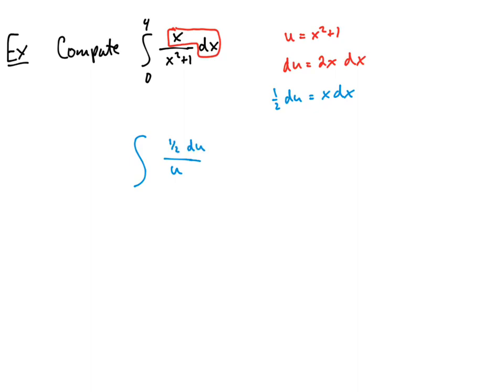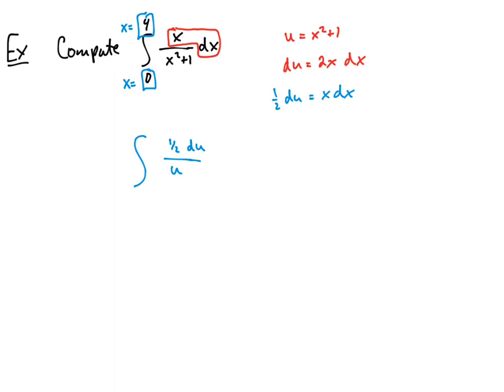Okay. Now what we need to do is change out these limits of integration. How we do that is we could treat each of these like x values. Our limits of integration, we're evaluating these from x equals 0 to x equals 4.